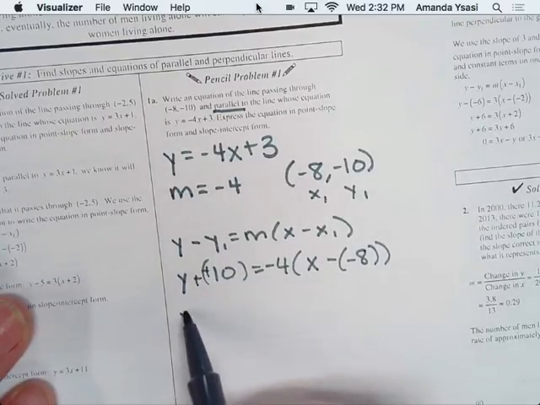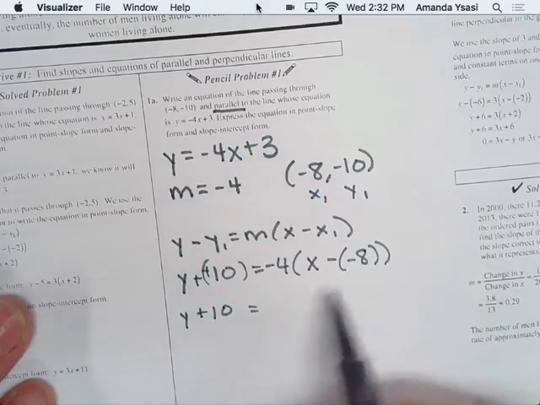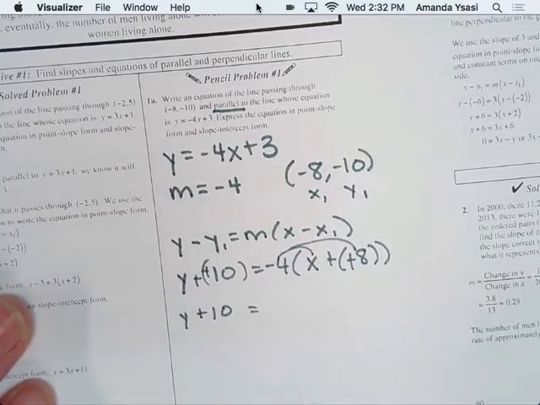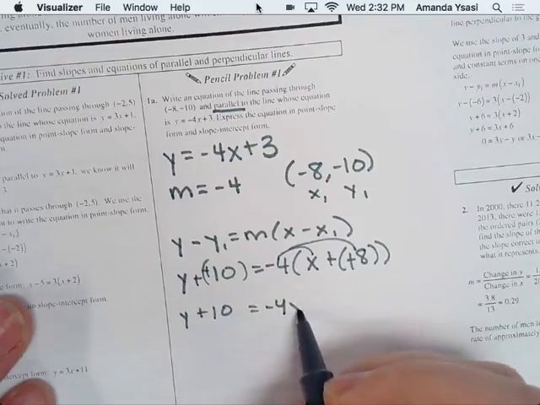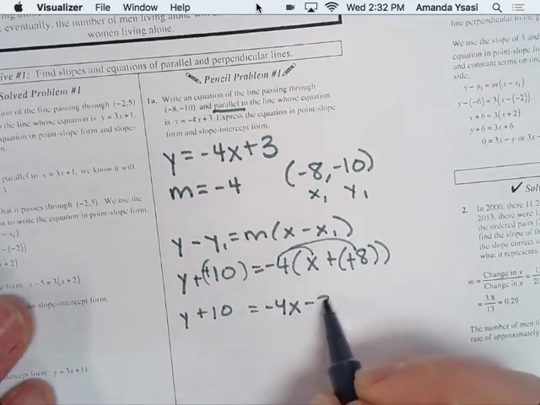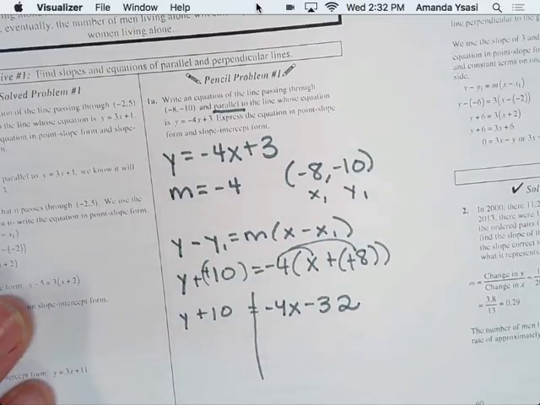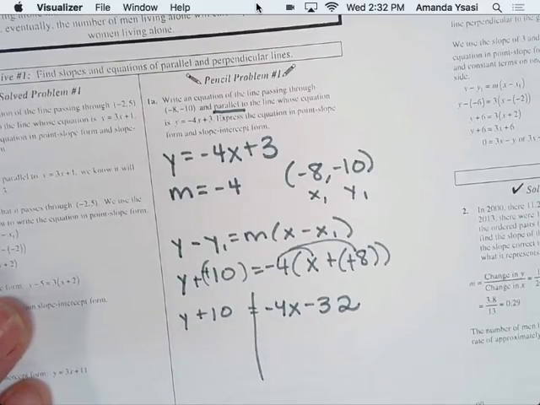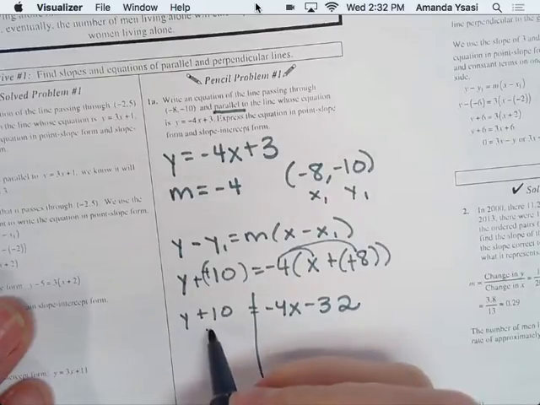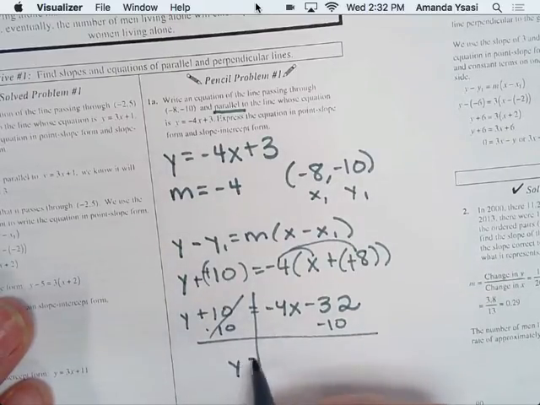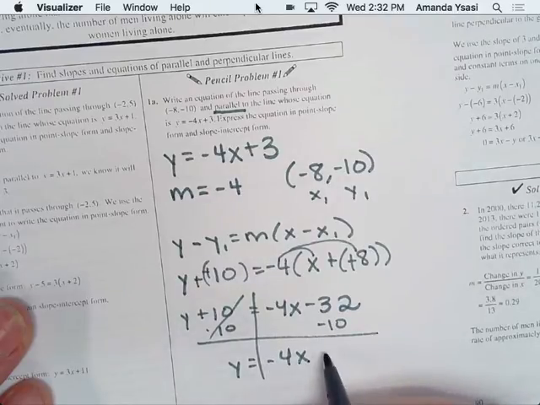So this becomes y plus 10 equals, you make that positive, distribute the -4, -4x minus 32. And then subtract 10. y equals -4x minus 42.